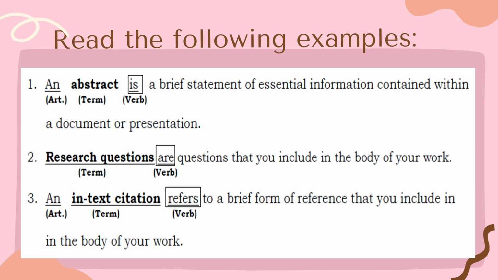And for number 3, the article is a because the term or the subject is singular, which is in-text citation, and it is followed by a singular verb, which is refers to a brief form of reference that you include in the body of your work.